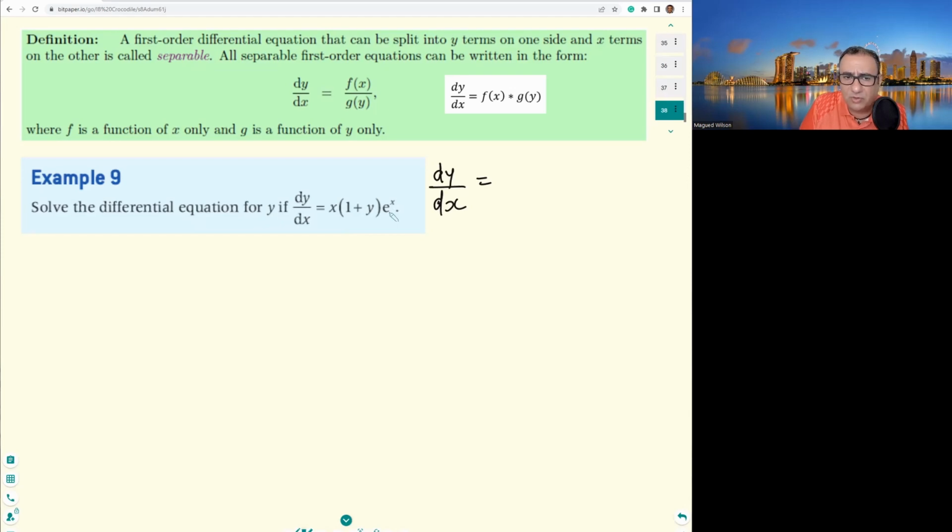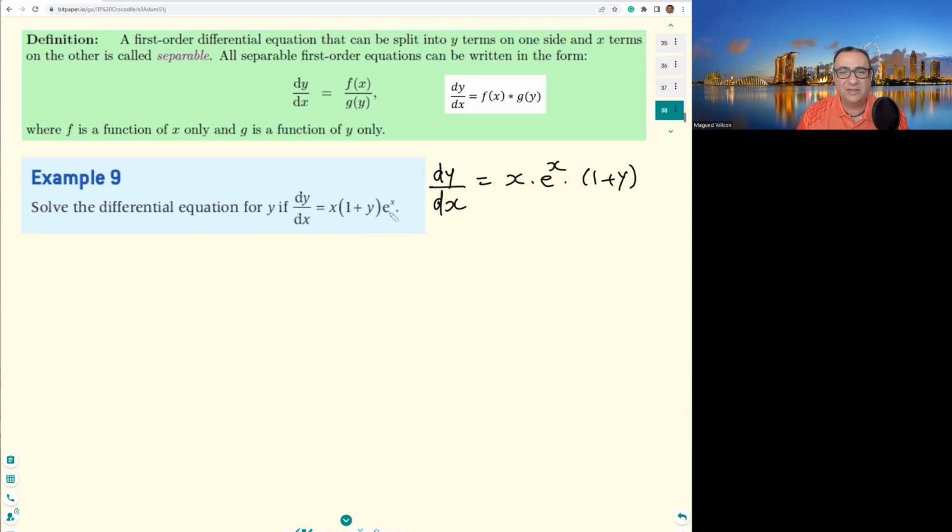We don't need to do any manipulation on the left-hand side. But then, because multiplication is commutative, we can rewrite this as x e to the power of x multiplied by 1 plus y. I mean, 1 times 2 times 3 is basically 1 times 3 times 2, or 3 times 2 times 1. You can commute over multiplication.